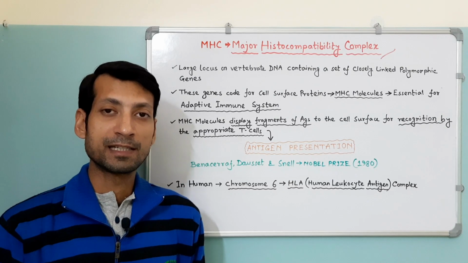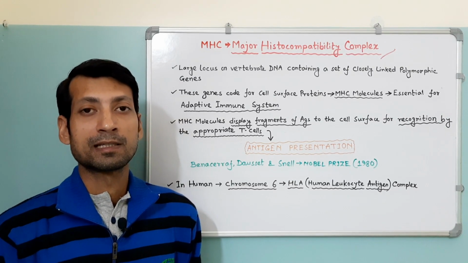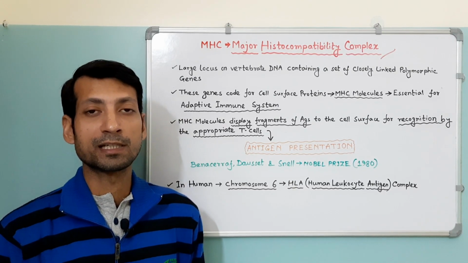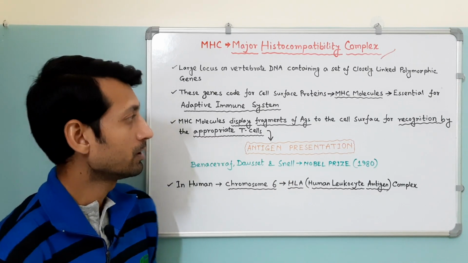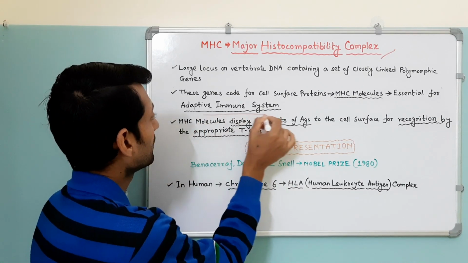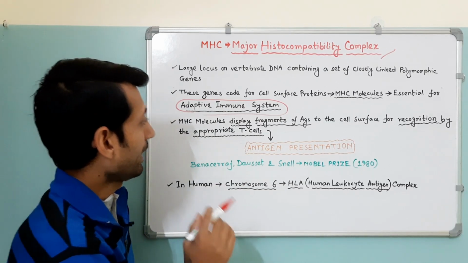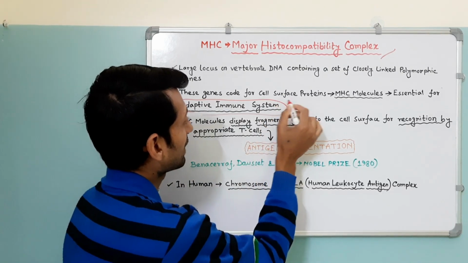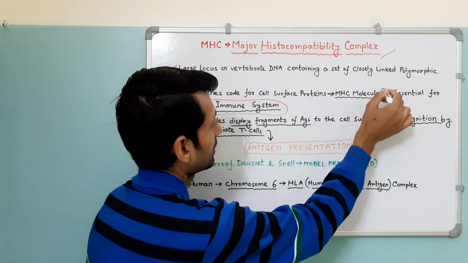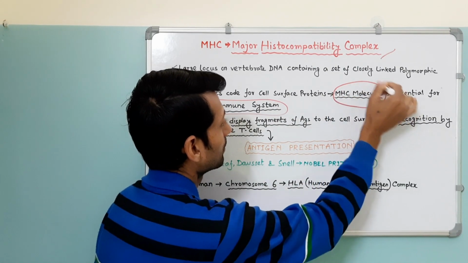Now, these genes encode for cell surface proteins which are very important for adaptive immune system. And these cell surface proteins are known as MHC molecules.